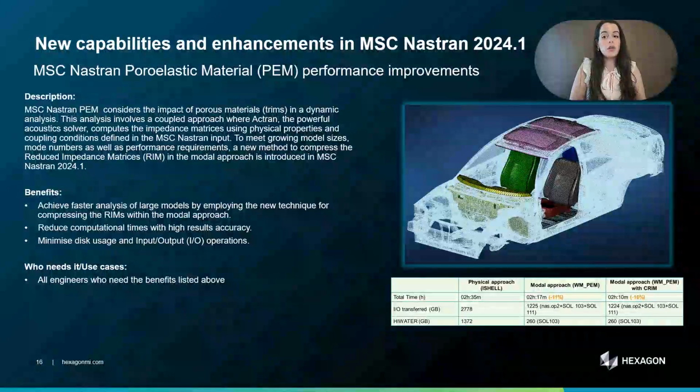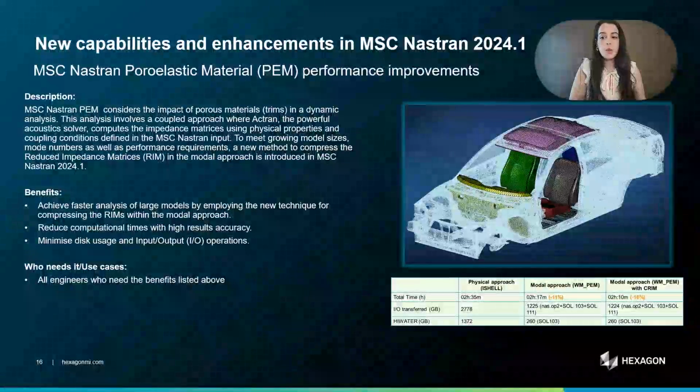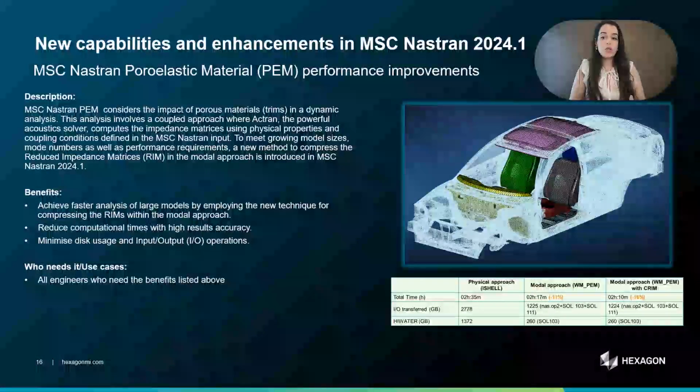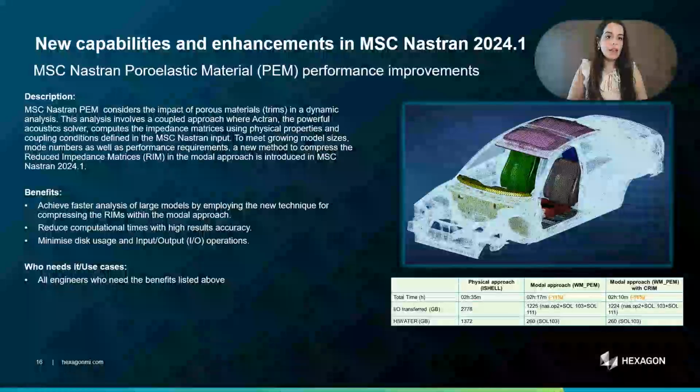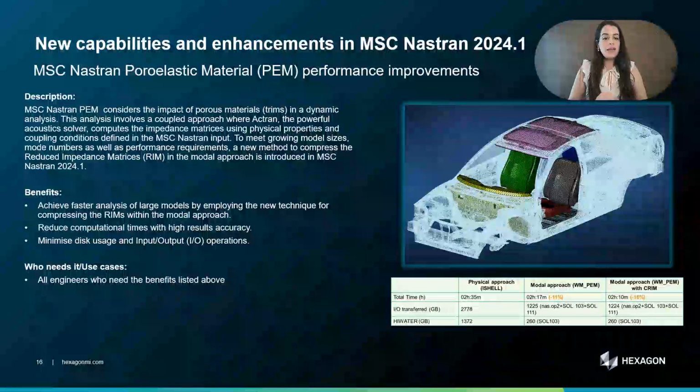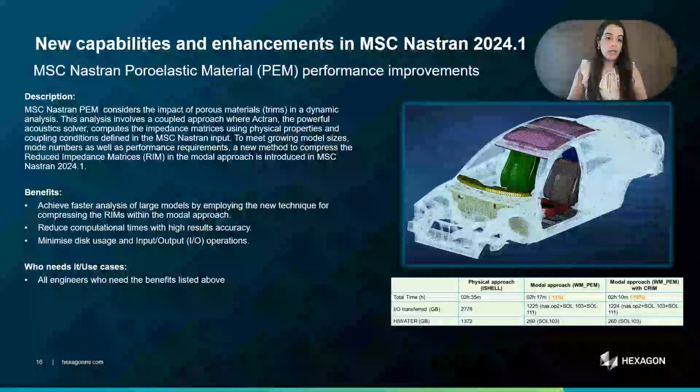To handle growing model sizes and performance requirements, in this release we're introducing a new method to compress the reduced impedance matrices in the modal approach. The benefits are significant. Faster analysis of large models by compressing the matrices within the modal approach, reduced computational times with high accuracy, and minimized disk usage as well as input-output operations.